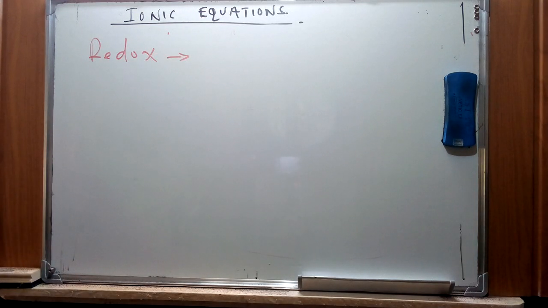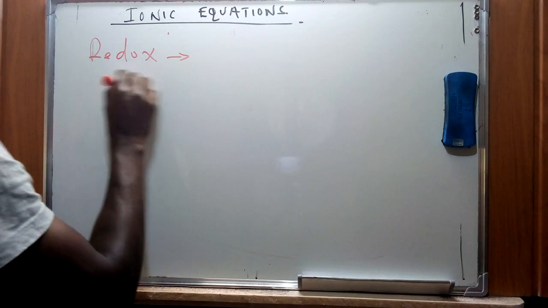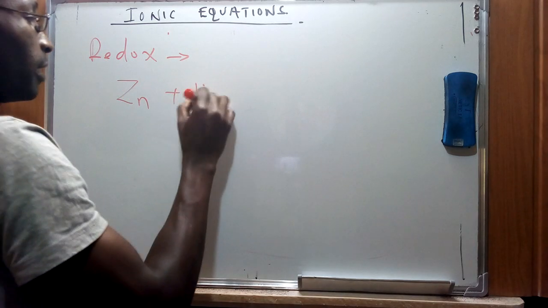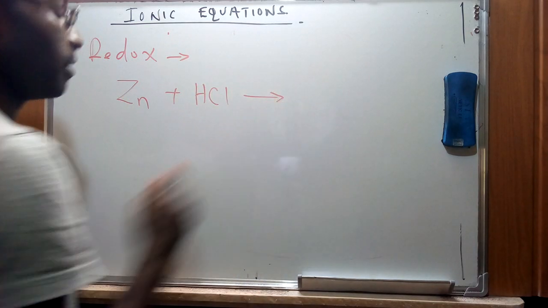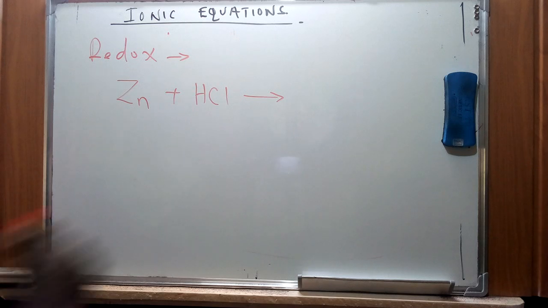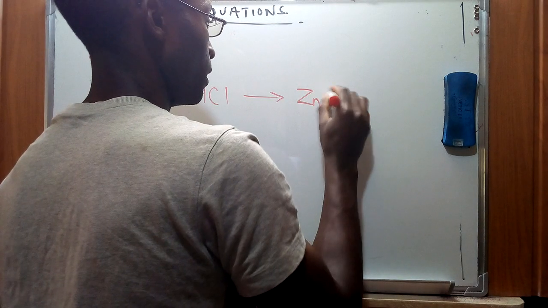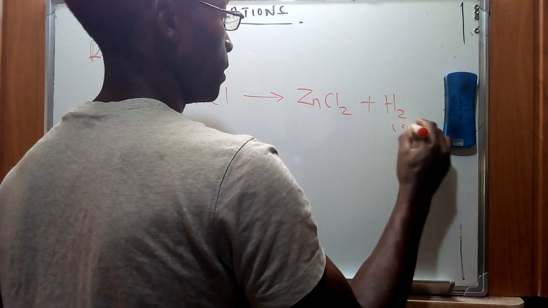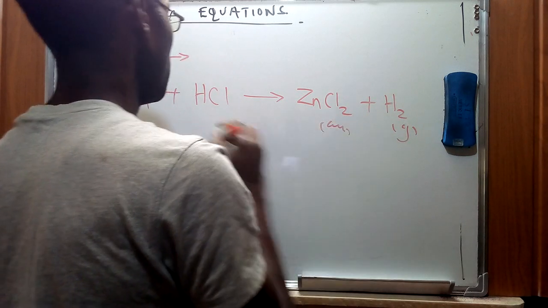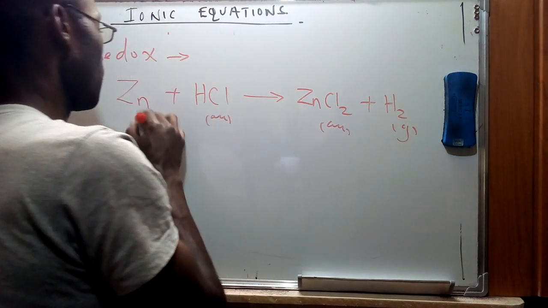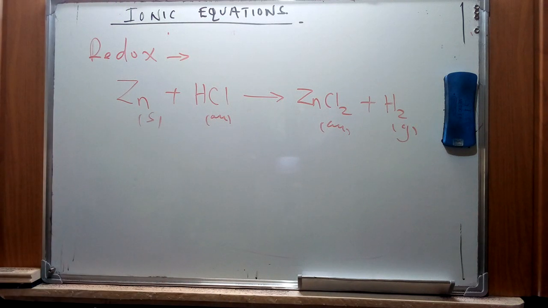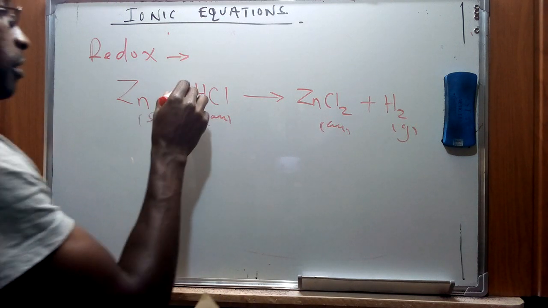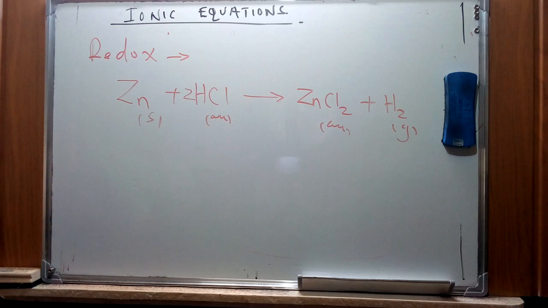For instance, if we have zinc reacting with HCl, there's going to be formation of a chloride and production of hydrogen gas, which is going to be represented as this. So therefore we are going to see whether the equation is balanced. So this is 2 for hydrogen, zinc is okay, that is okay.